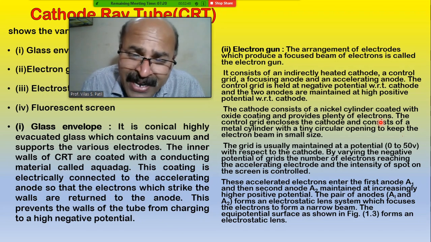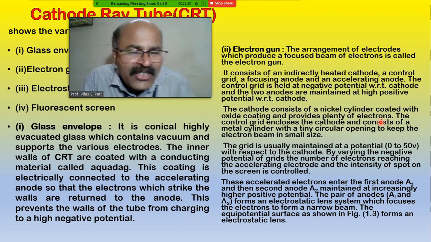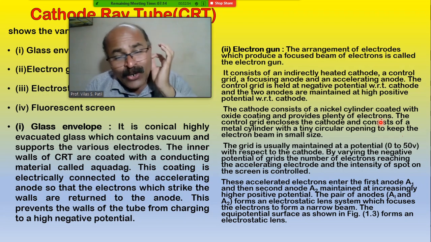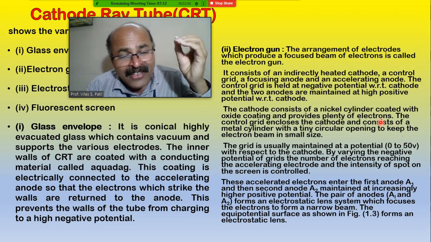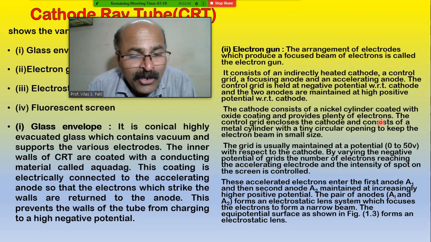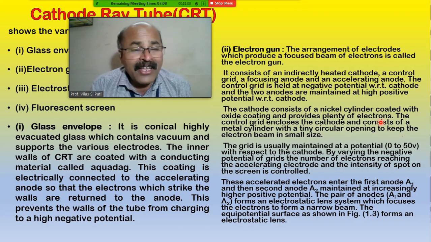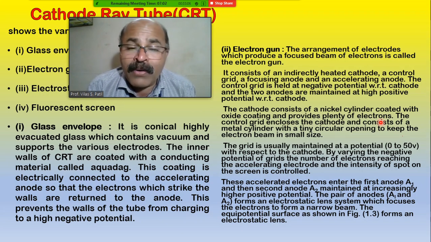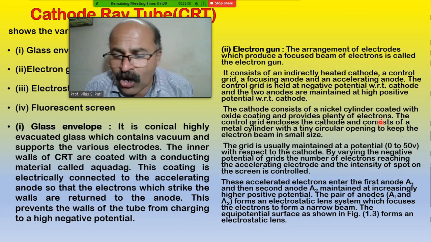If it is very tiny, very small, a small electron beam will be produced. And also the negative voltage on the control grid can decide the focusing and brightness, that is the intensity and focusing of the spotlight or the beam.